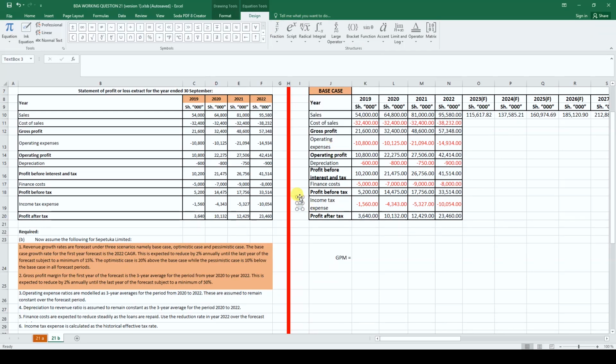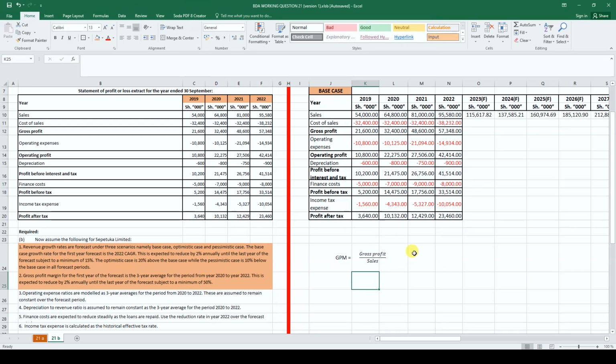Then we just drag this fraction right over here and say the gross profit margin is given as the gross profit divided by the sales. That's what you get as the gross profit margin.